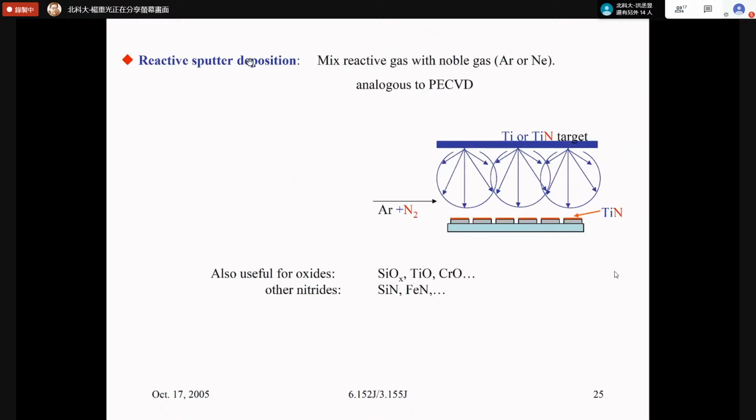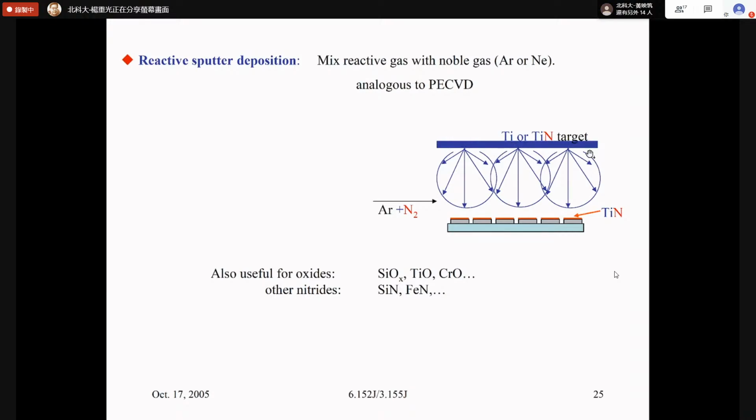And the other topic we talk about. The sputtering target has to be conducting, but you don't want to make a conducting film. You want to make an oxide or nitride. In this case, we use titanium.